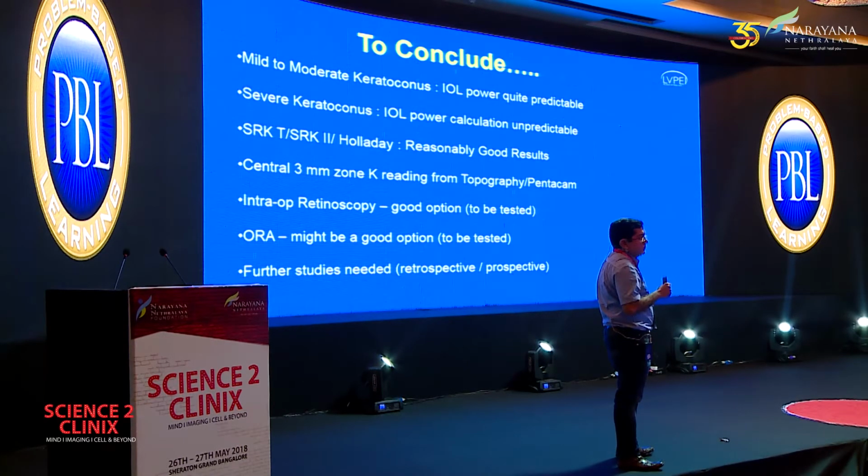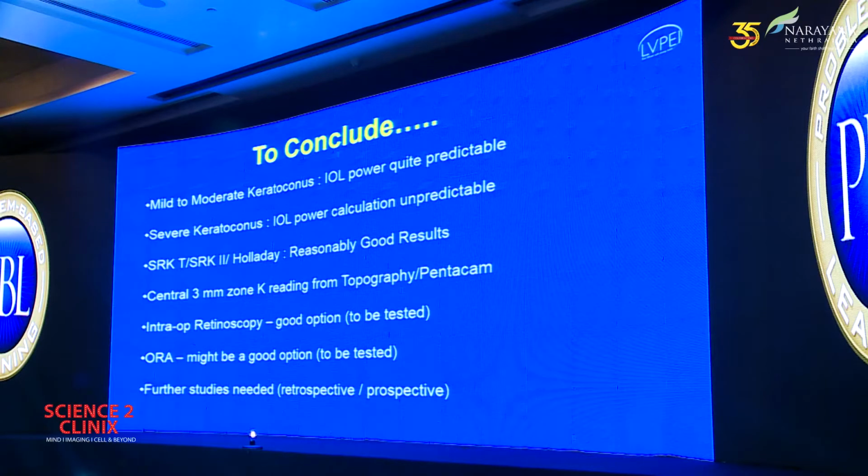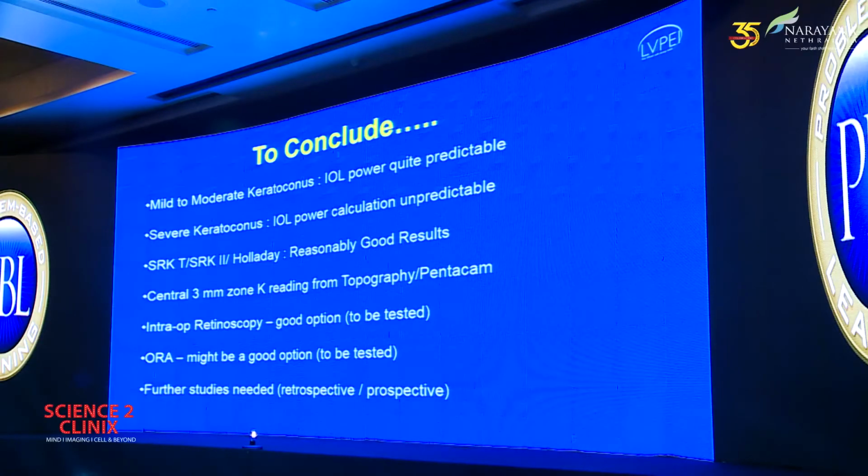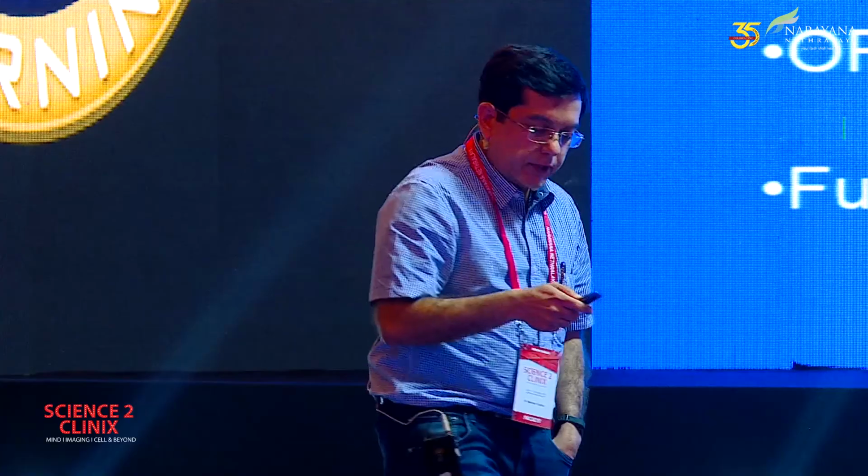Intraop retinoscopy is one option, which I have shown in this particular case. Another option, in a severe keratoconus patient, could be to leave the patient aphakic during the surgery, then do a post-op refraction and then decide what IOL power could be used. This is an area which needs further studies and probably better IOL power calculation formulas. Thank you for your patient listening.